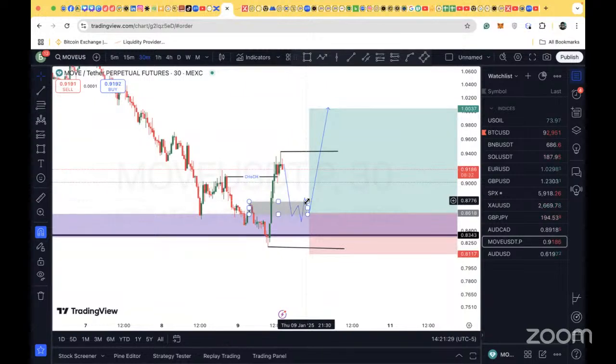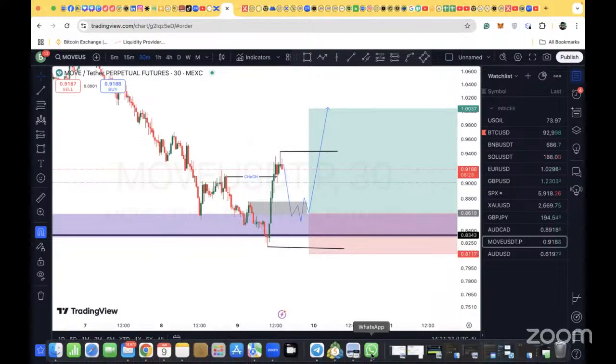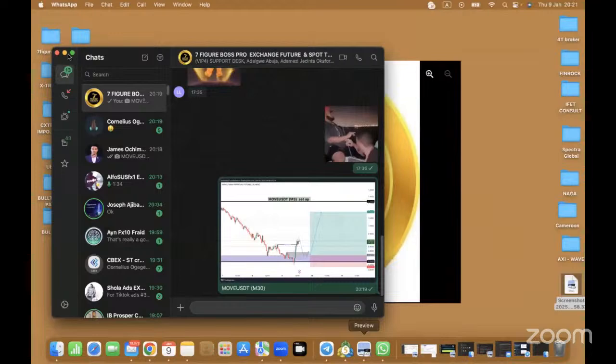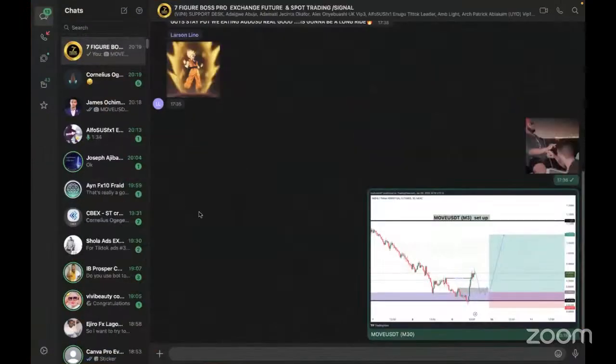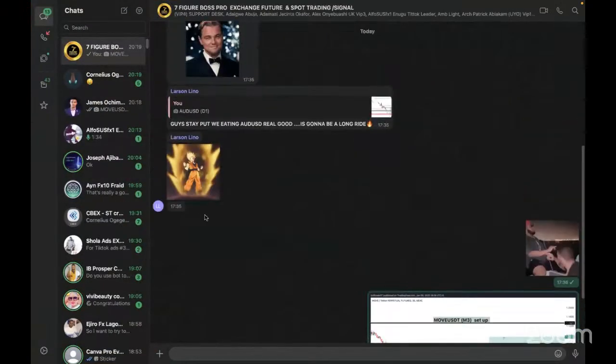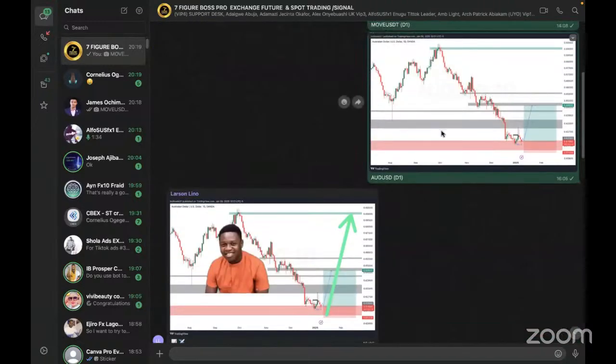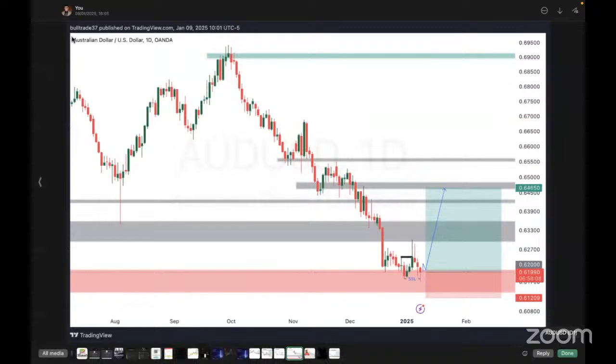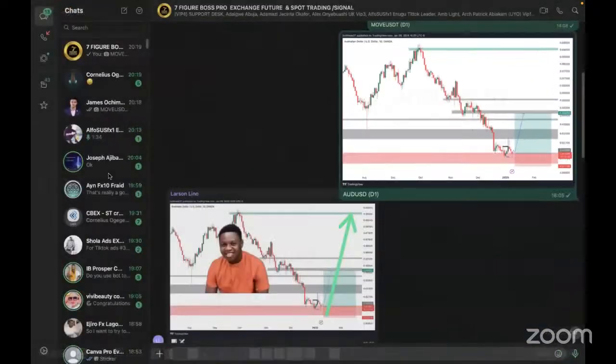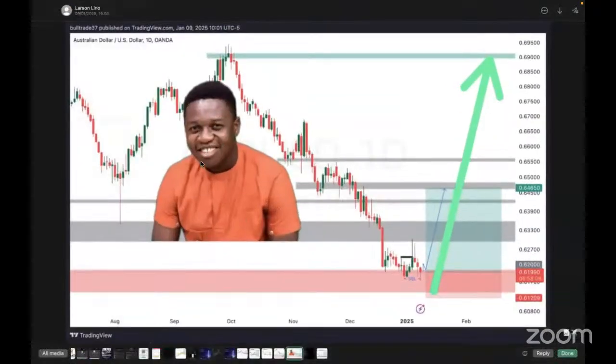So that is it. I'm going to end here for today. We're going to come back again to continue on Monday. The assignment is everybody should do their analysis and drop their charts in the group. Look at the charts I drew earlier for AUD USD, then look at what Larsen drew.